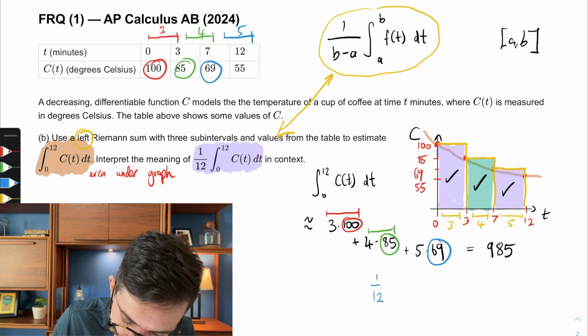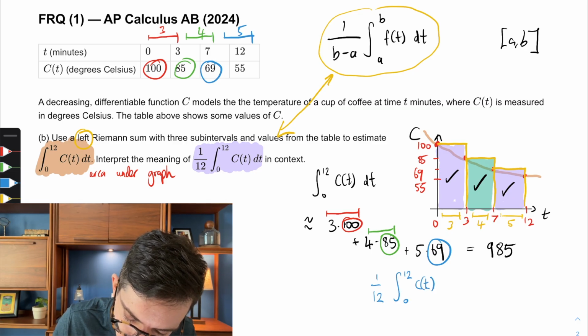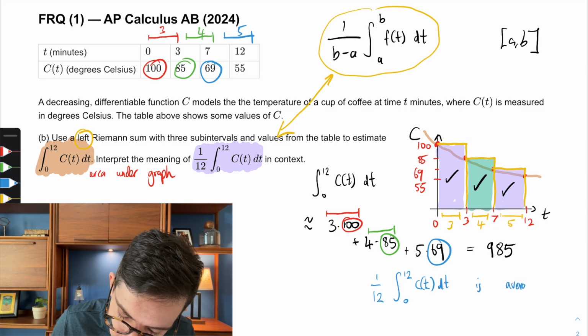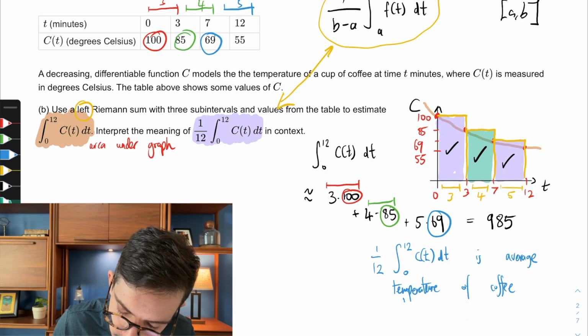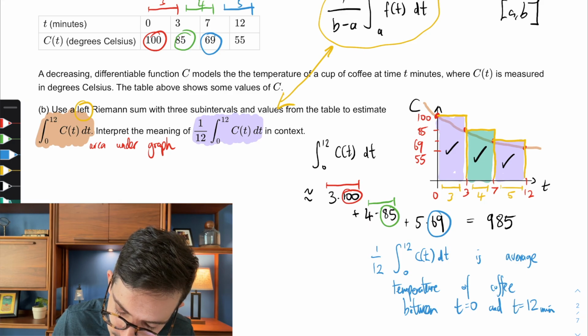So 1 over 12 times the integral from 0 up to 12 of c of t dt is the average temperature of the coffee between t equals 0 and t equals 12 minutes.